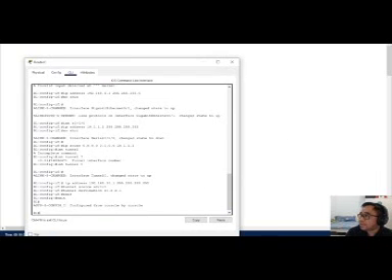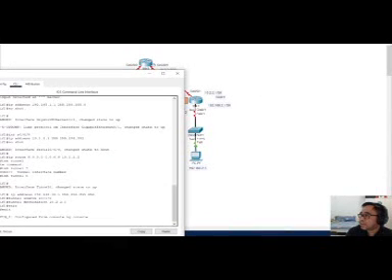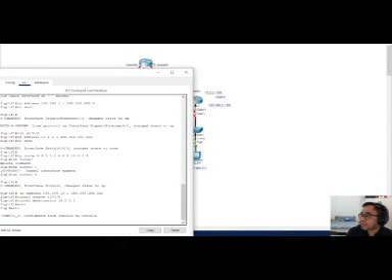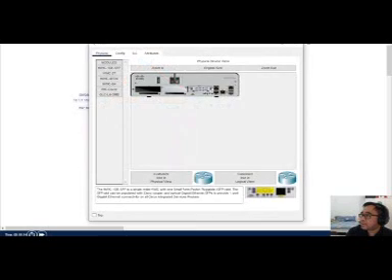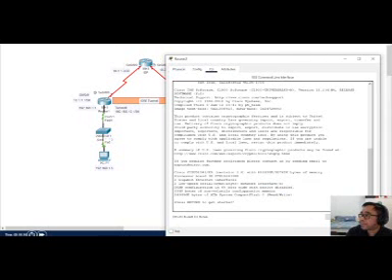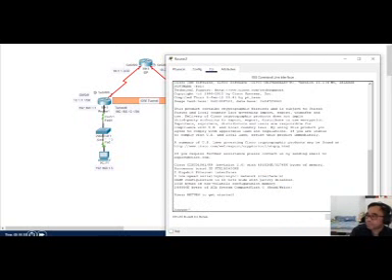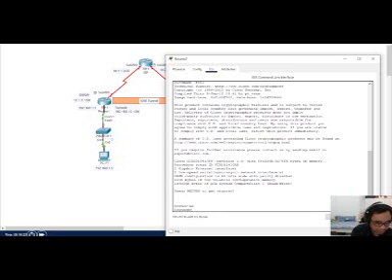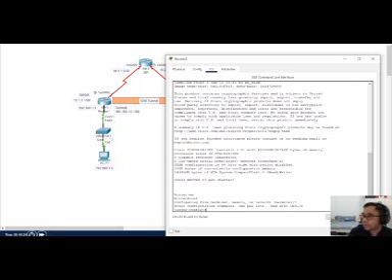So let's go to the next. Let's set up the second router. Let's configure the second router. Let's change the host name to R2.